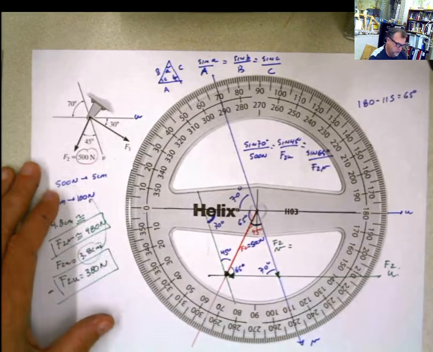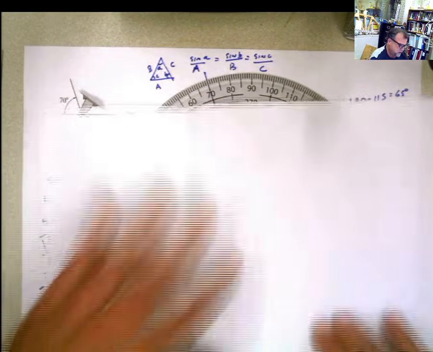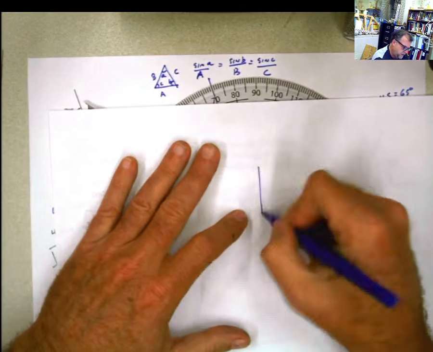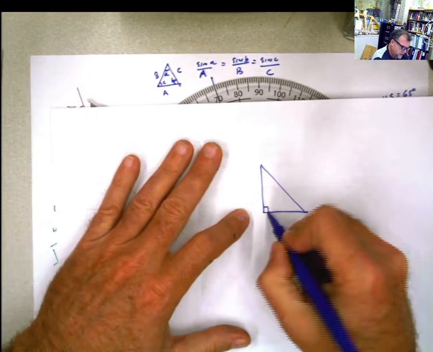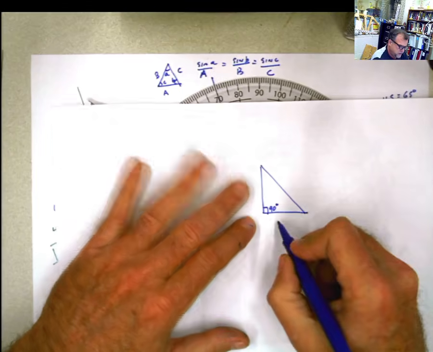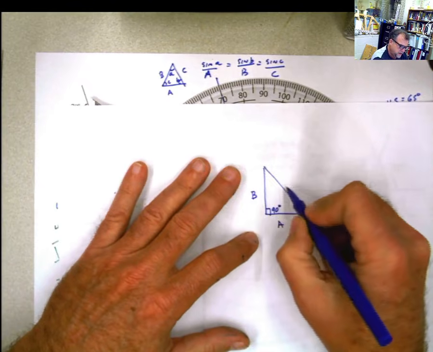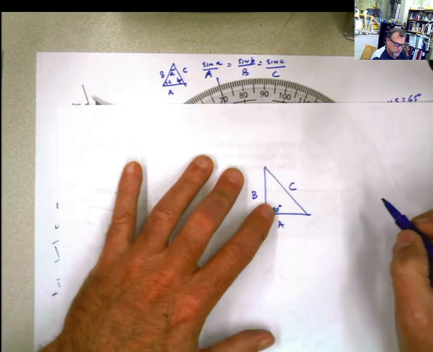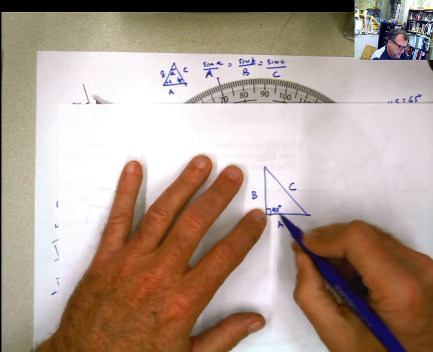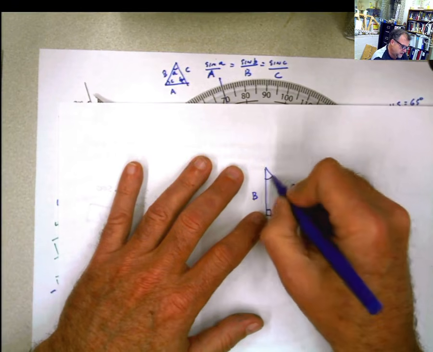Another thing that I wanted to tell you before I finish this video, because it's going to become too long and then you fast forward it and you miss information, is just a quick explanation of why, when you have a right triangle and this is 90 degrees, we are also using the law of sines. The only difference is that we call this side A, this side B, and this side C. Let's say this angle is 30 degrees and this angle is 60 degrees to make it easier.